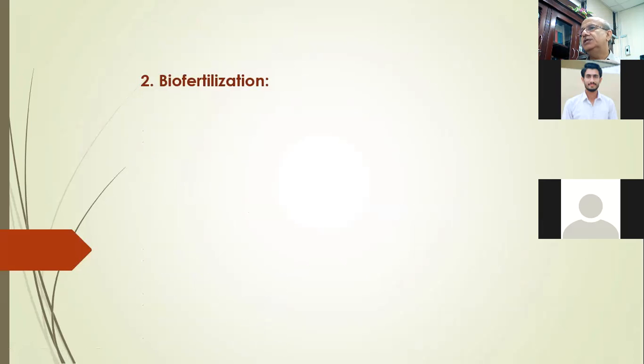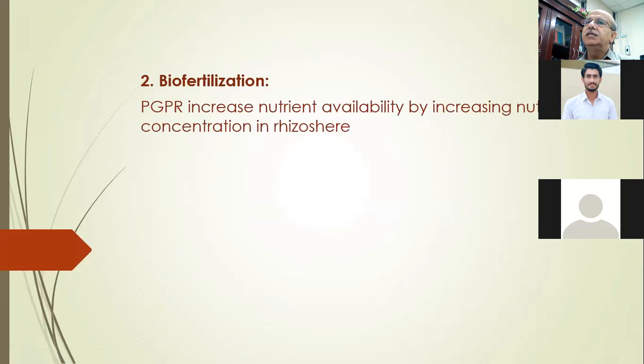Second is biofertilization. Biofertilization means that the PGPR increase nutrient availability by increasing nutrient concentration in the rhizosphere. You know that the PGPR are present in the rhizosphere. So due to one mechanism or another, they increase the nutrient concentration in the rhizosphere. As a result, more nutrients are available to the plants, so they can have better growth.